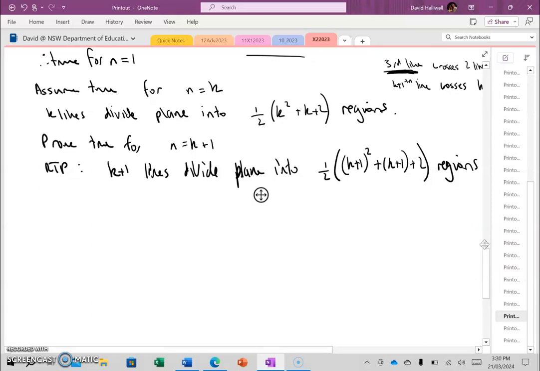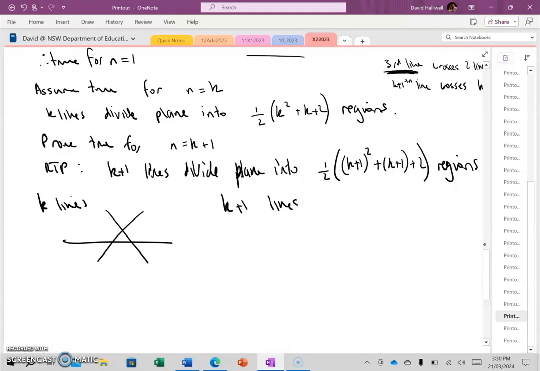So let's go k lines. Okay, let's just do a random drawing and let's pretend that's k plus 1 lines. You would have the same, all these lines. Okay, I'm going to put arrows, trying to redraw the same picture.